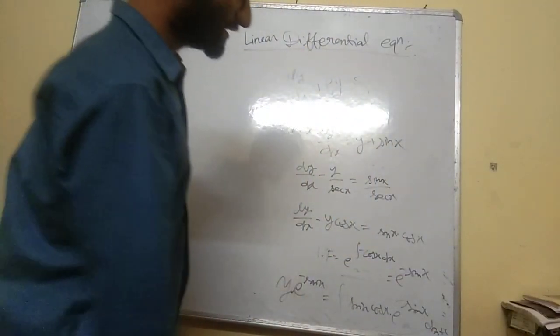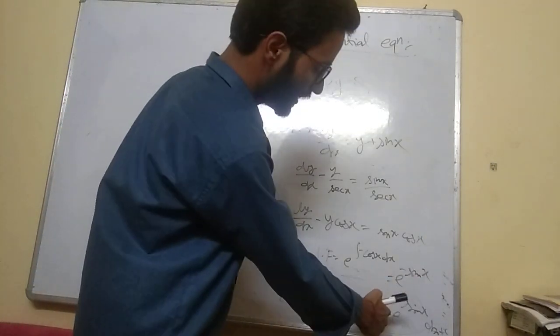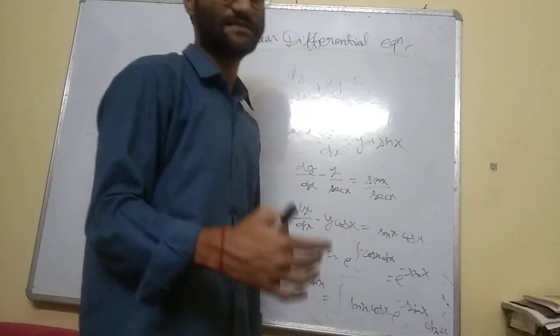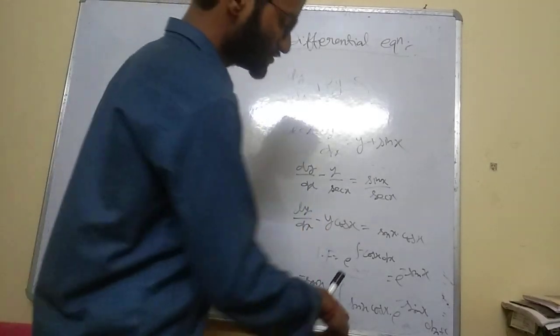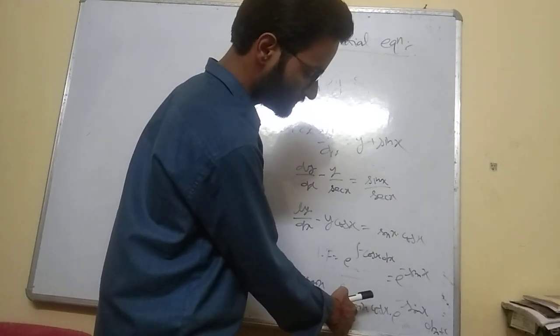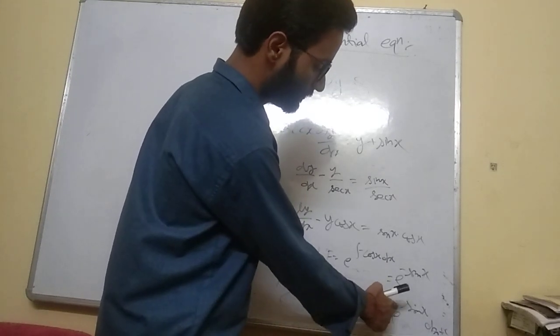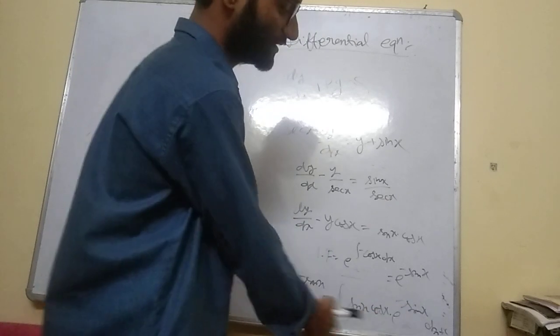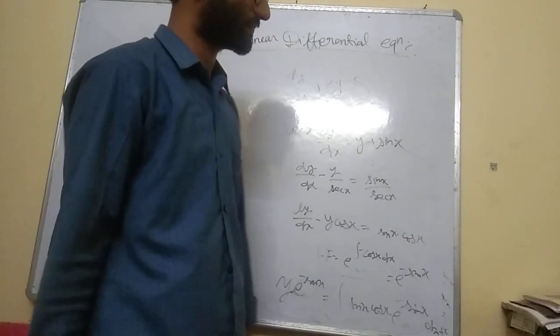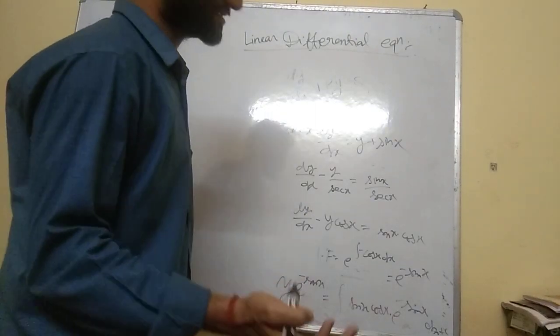Now you can consider that sin x is equal to t, then cos x dx is equal to dt. So you can put the value here. So this will be t e to the power minus t dt, and you can integrate that one. You will get something, and then again put the value of t, which is sin x, and that will be your final answer.